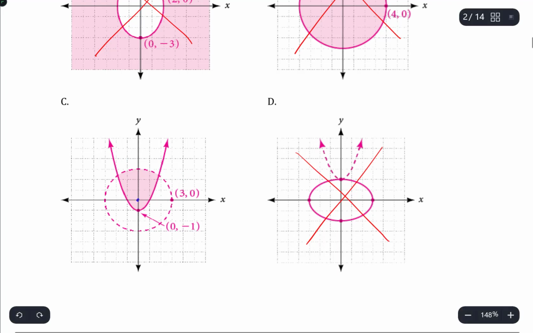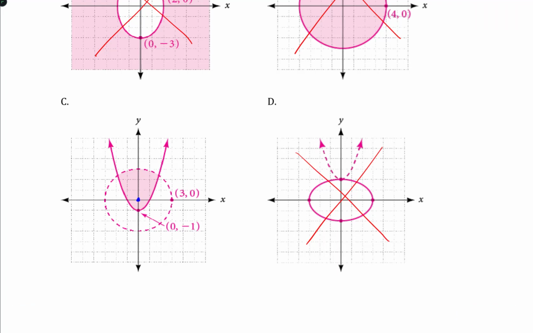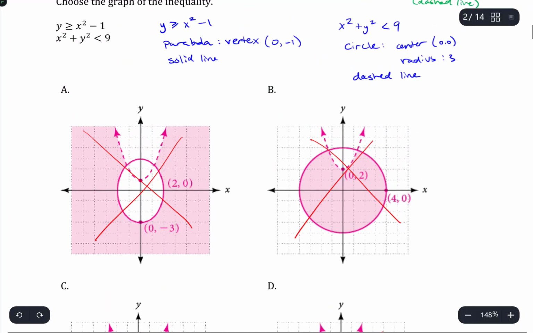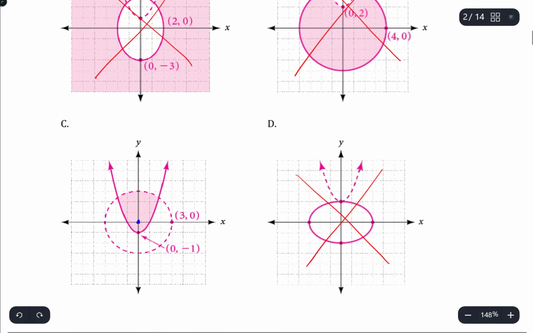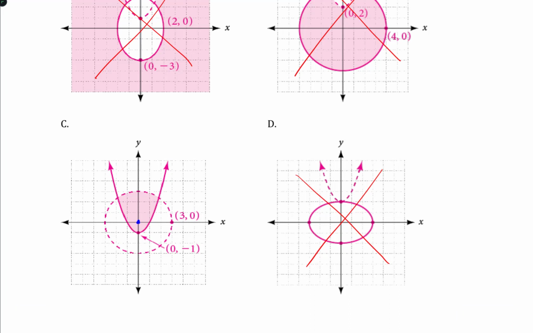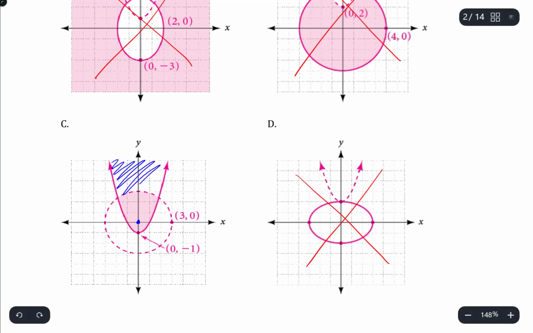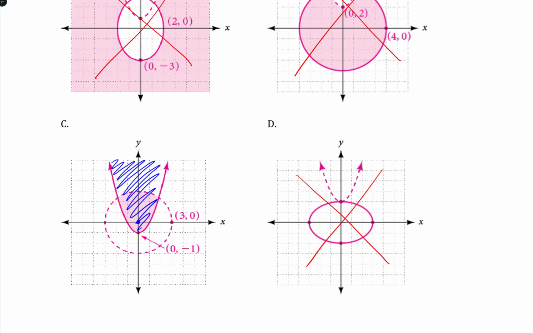So for instance, if I picked 0, 0 to test with the parabola to see which way the parabola needs to be shaded, then I'll take 0, 0 back to the parabola's equation, and that would give me 0 is greater than or equal to 0 squared minus 1, or 0 is greater than -1, which is a true statement. So for the parabola, we would shade the side of the parabola, and I'm using the word side loosely here, but the side of the parabola that contains the origin.